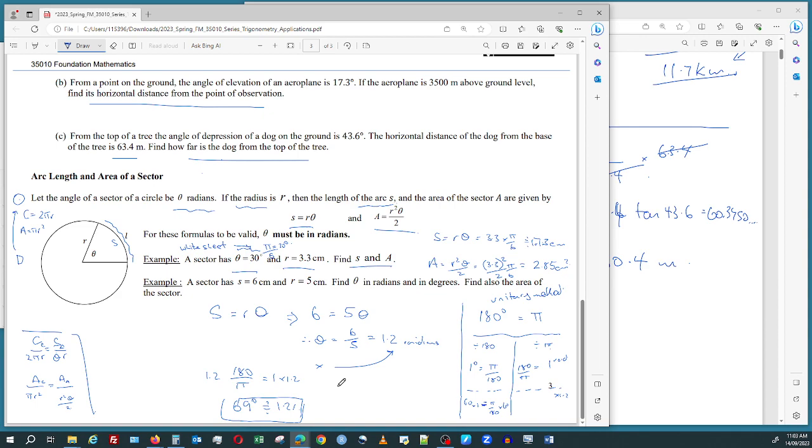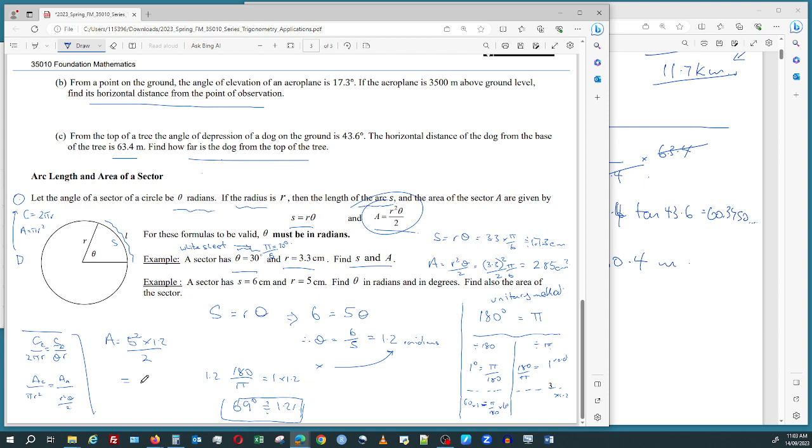The area, though, has got to be in radians. I'm going to use the equation up here. Our area will be equal to the radius, 5, squared, times 1.2 over 2.